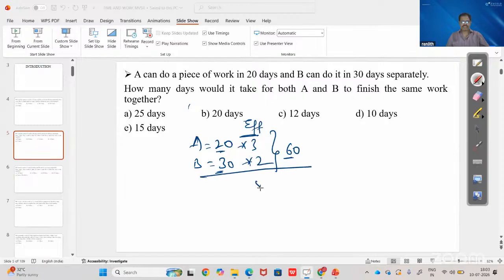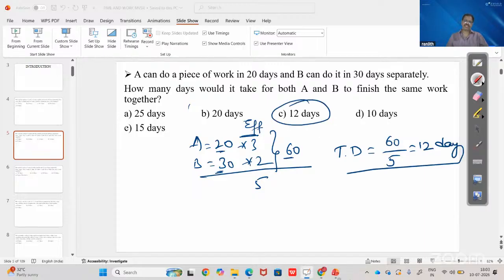So 3 plus 2 equal to 5. Then the total number of days equal to 60 by 5. 60 by 5 equal to 12 days. Answer is 12 days. Just now we discussed, right? Answer is 12 days.